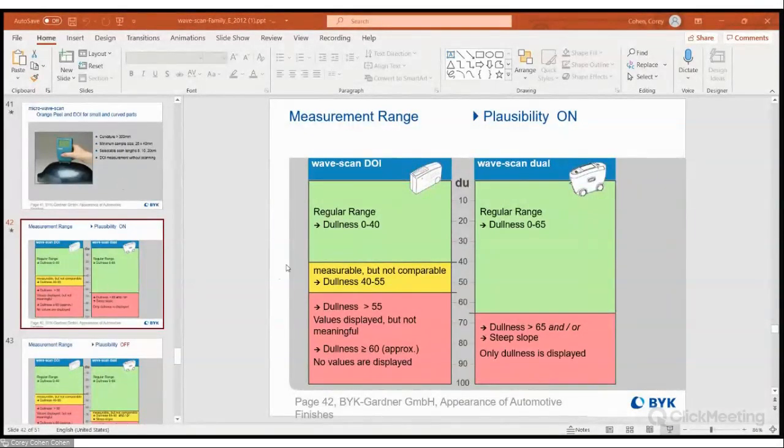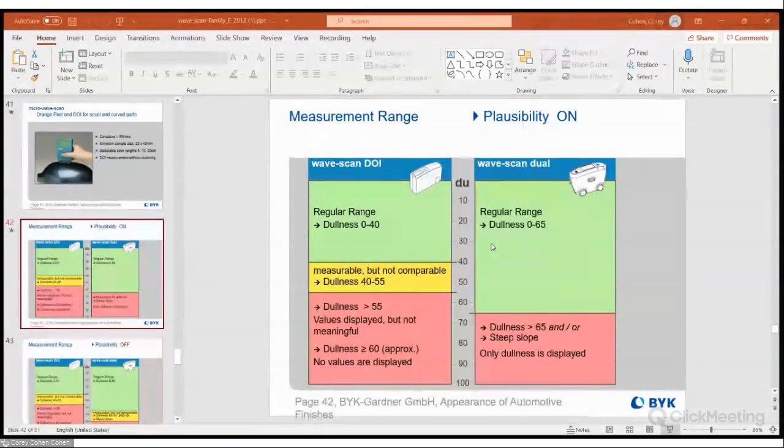This is not the optimal range for the Wavescan, and so there's a setting you have to turn off in the Wavescan in order to get it to measure in this range. But that's the highest dullness it can measure with the Wavescan 2 or the 3 or the micro Wavescan, or if you have one of these very older generation Wavescan DOIs.